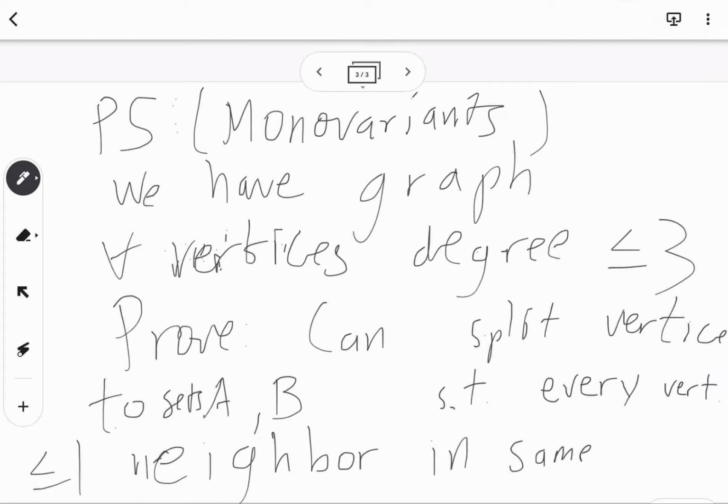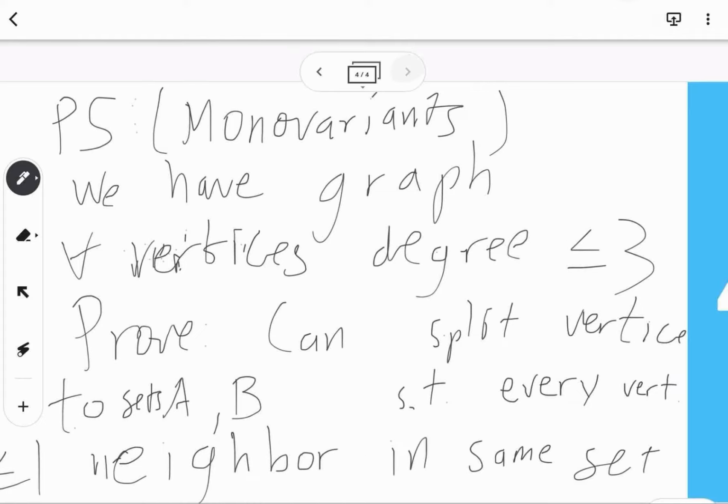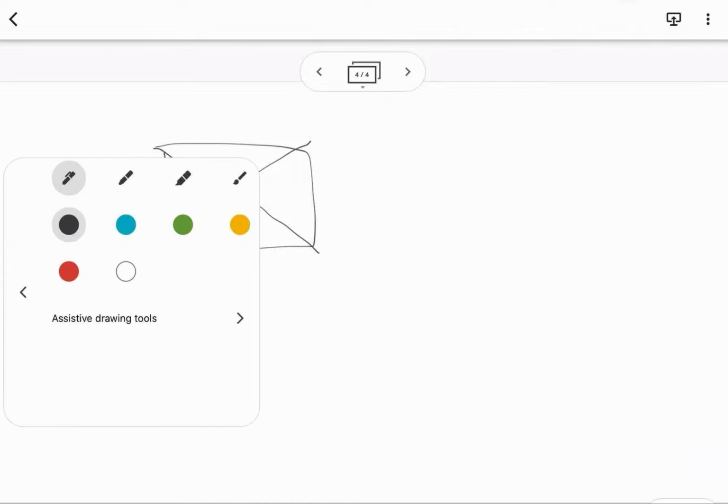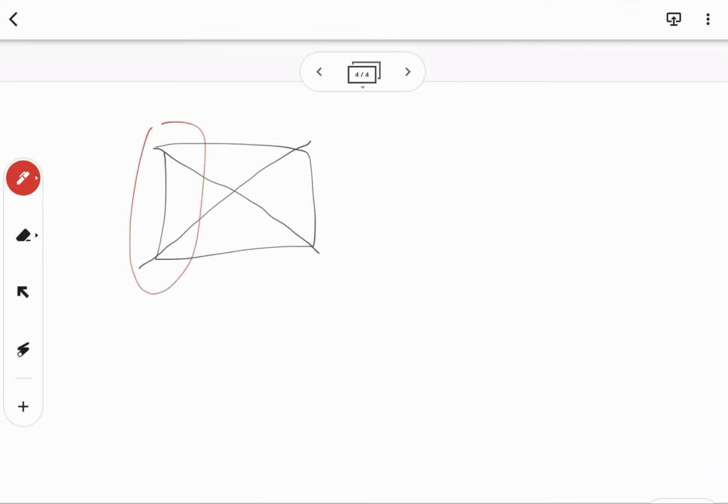I don't know if that's very clear for those of you who are not so familiar with graph theory. So if you have something like a fully connected square, everything has degree 3, right? So if we split this into A and B, then every vertex has at most one neighbor in the same set, right?